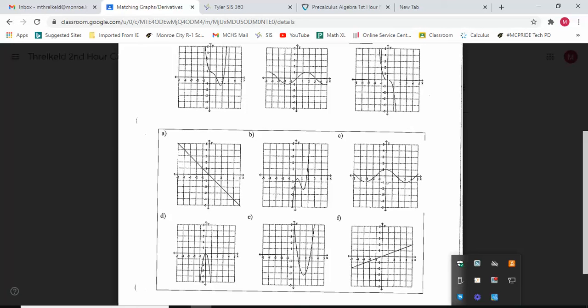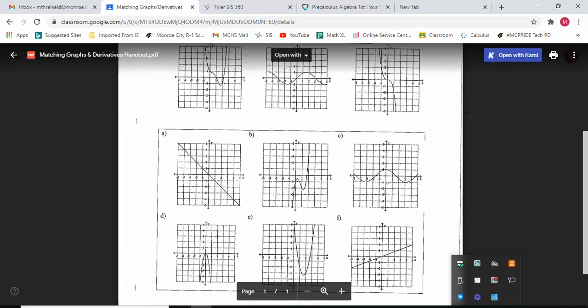That's D. You know, it's got this extra little hoop in it, but it doesn't matter. It's negative that whole time. Alright, this one. Decreasing until you hit negative 1.5, then increasing into positive 1.5, then decreasing. So we should be negative, positive, negative. So that one is C.